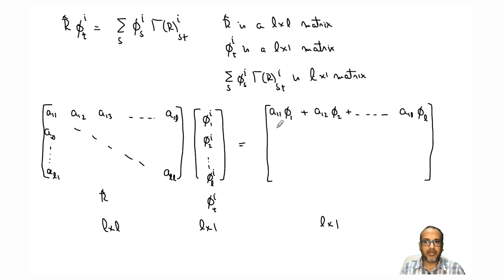So similarly, if I keep on doing this, I will get A21 phi 1, A22 phi 2, A2L phi L, and so on, right?